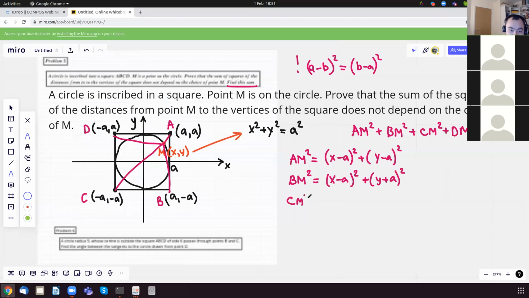CM squared, okay, there's going to be a lot of writing here, is (x plus a) squared plus (y plus a) squared, and DM is going to be (x plus a) squared plus (y minus a) squared.